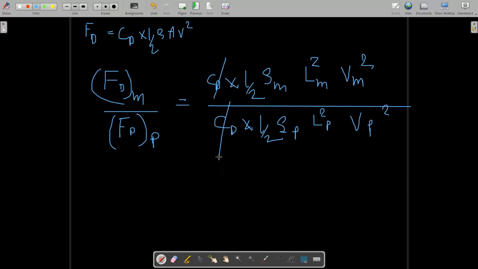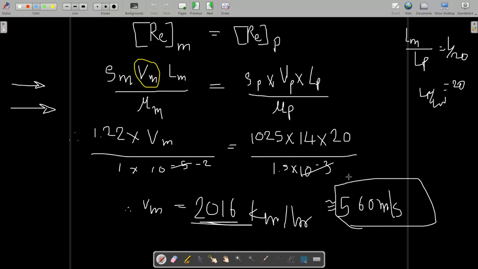Coefficient of drag will remain same, nothing mentioned about it, 1/2 will get cancelled. What is the density of model? Model is in air, so 1.22. What is the length ratio? 1 by 20 whole square. And what is the model velocity? Here we have just found 2016.